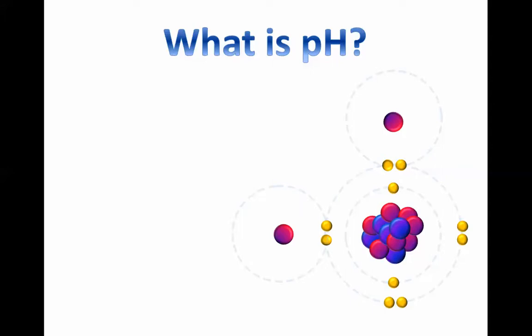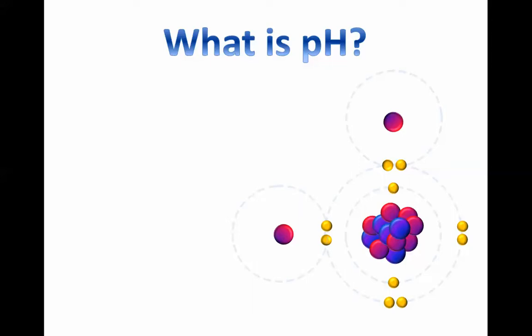So the next question is, how do I measure how acidic, or on the other side of the coin, how basic something is? Well, I use something called the pH scale. And the pH scale is a measurement of essentially the amount of protons, H plus, or hydroxide ions, OH minus.